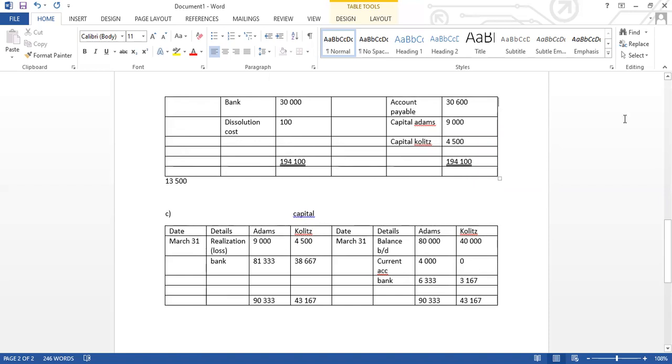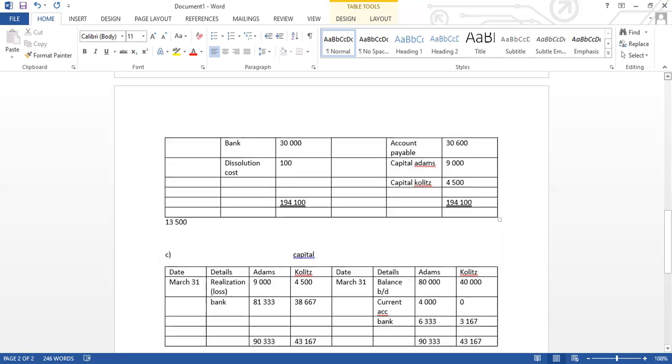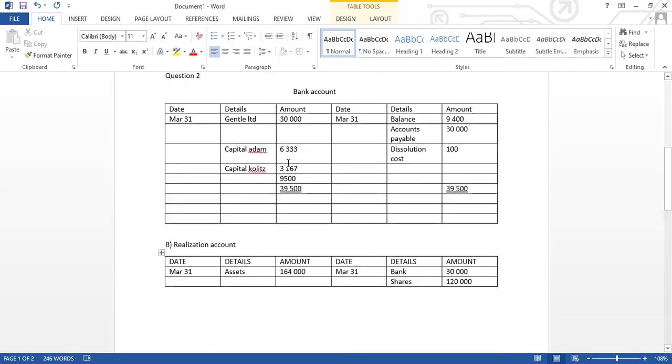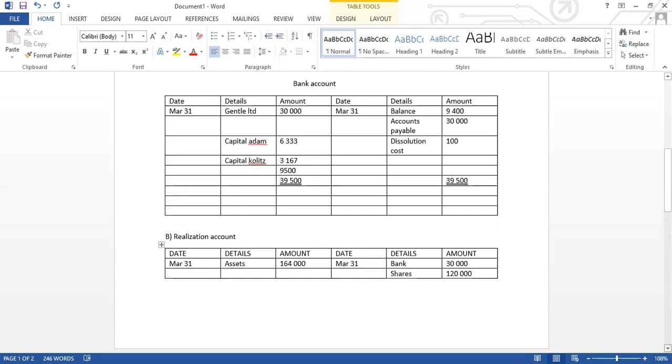Now we are saying that we actually have an overdraft in the bank, yet we are paying Adams and College 81,000 and 38,000. Where is the money coming from if we have an overdraft in the bank? You guys understand what I'm trying to say? We have an overdraft of 9,500 in the bank.